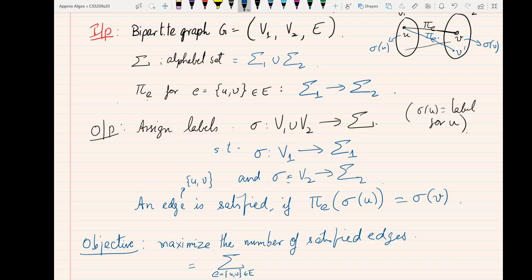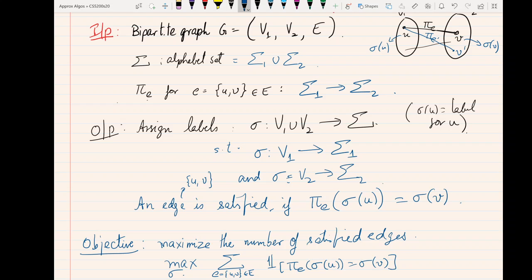Suppose I take uv as the edge, then I want the number of edges where pi e of sigma of u is equal to sigma of v, and the maximum is over the labelings that are possible. Okay, so I hope this is clear.